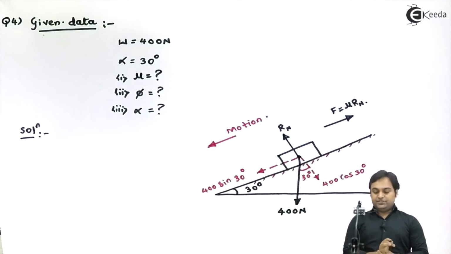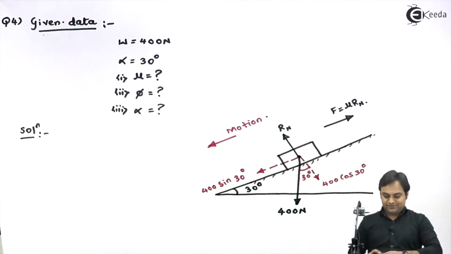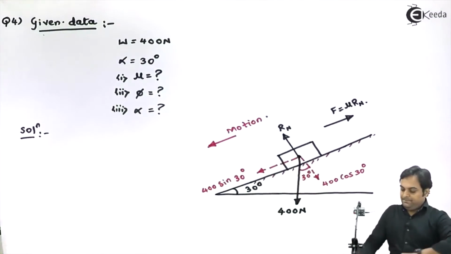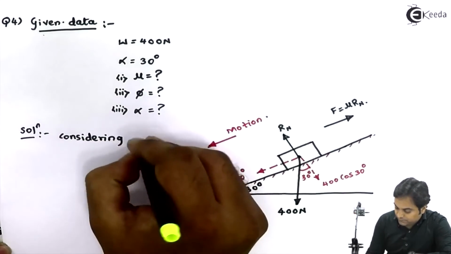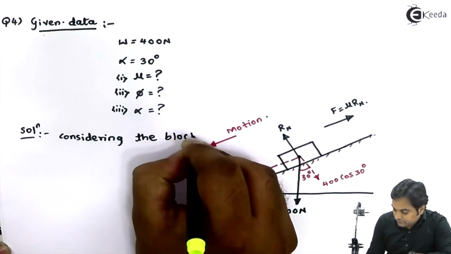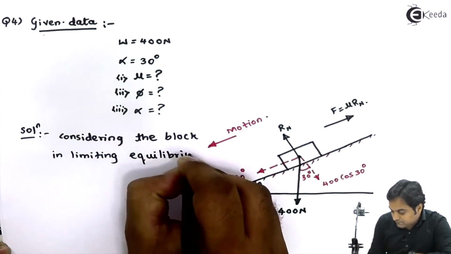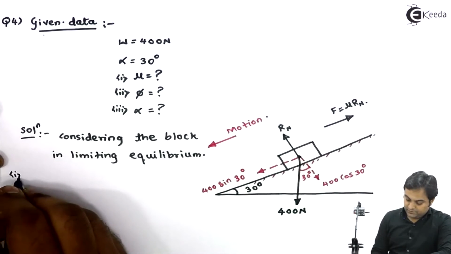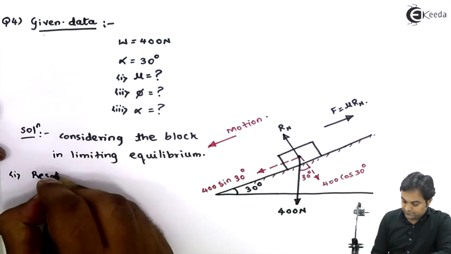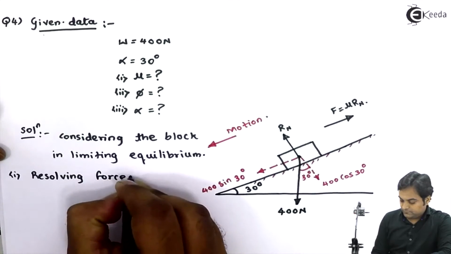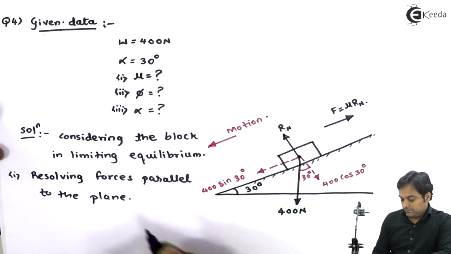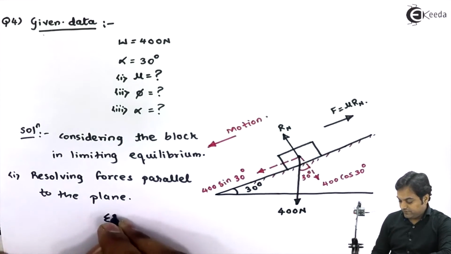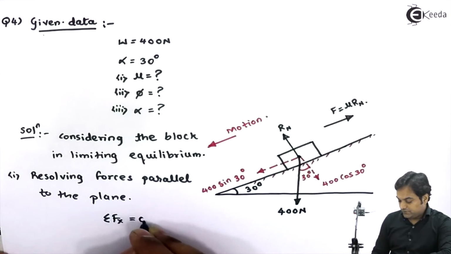Now these are the conditions which we have in the problem. Based on these conditions, let us try to get the solution for this. I'll say that considering the block in limiting equilibrium, I would be using the first condition, that is resolving forces parallel to the plane, and the condition is summation of Fx is equal to 0.